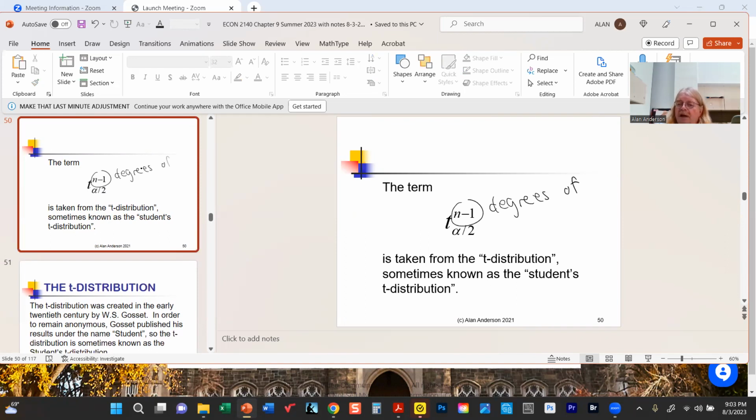That will change in later chapters, but for our purposes in chapter 9, the degrees of freedom is simply another way of saying n minus 1. So that number is what uniquely characterizes the T distribution. The shape depends on that n minus 1 parameter.